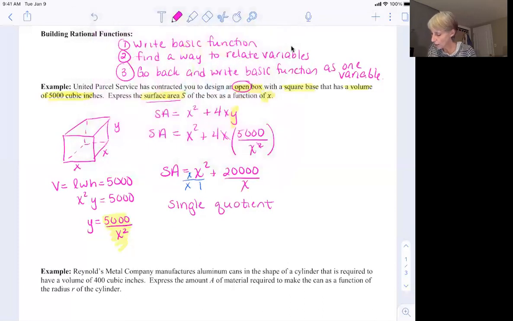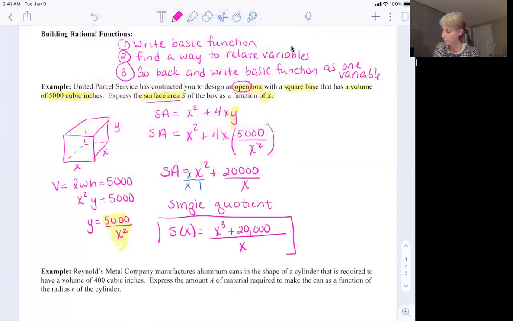And my surface area formula as a function of x becomes x cubed plus 20,000 over x. And there you have it.